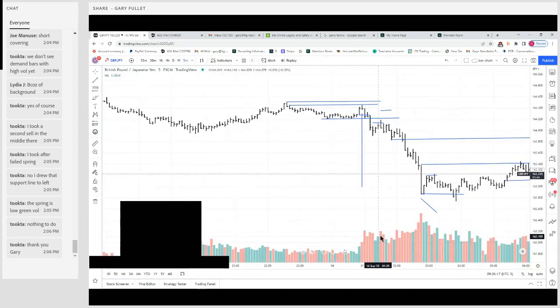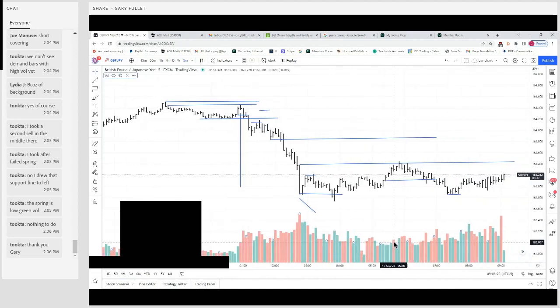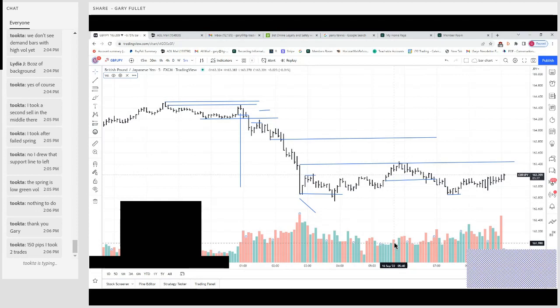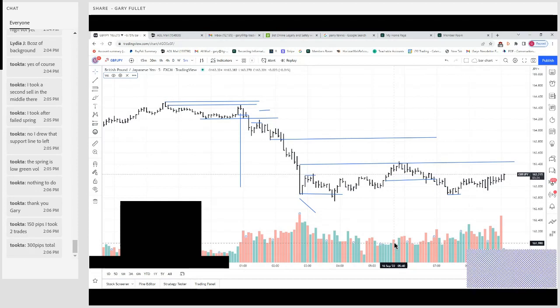Look how the lines come perfectly. It matches Wyckoff, system-wise, everything else. I don't have to follow Wyckoff, but it just flows that way, right?